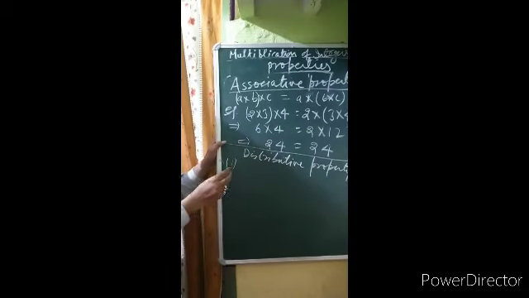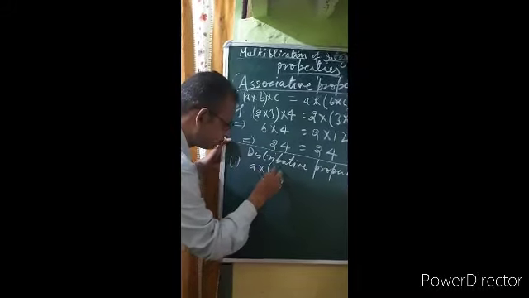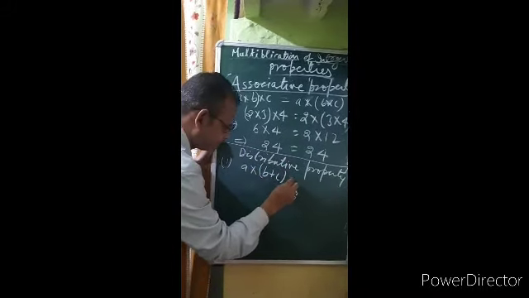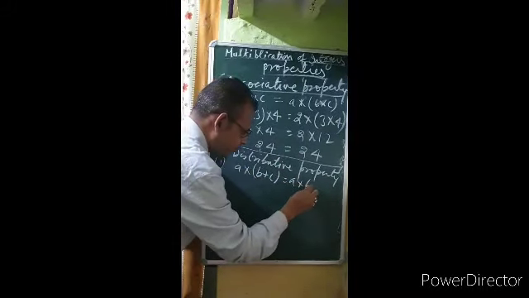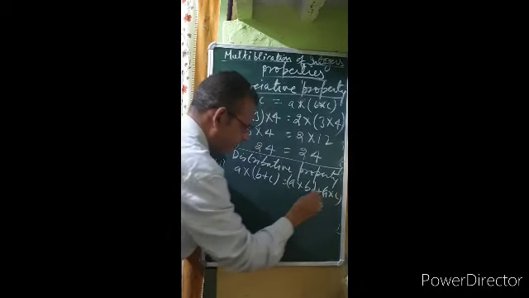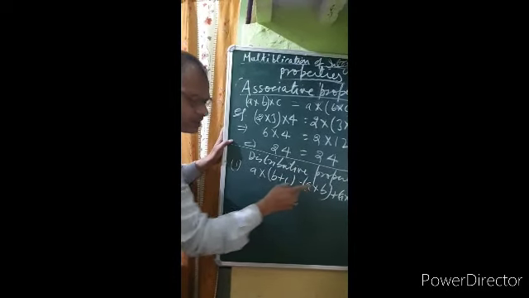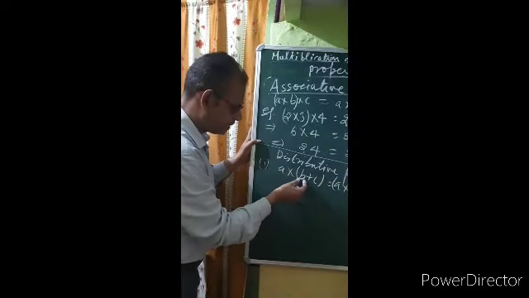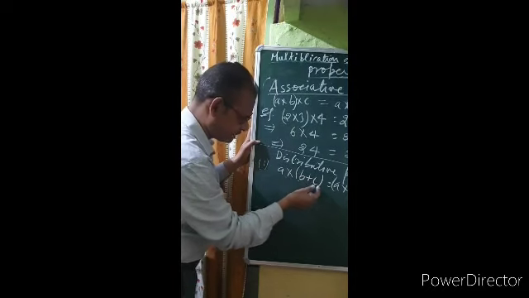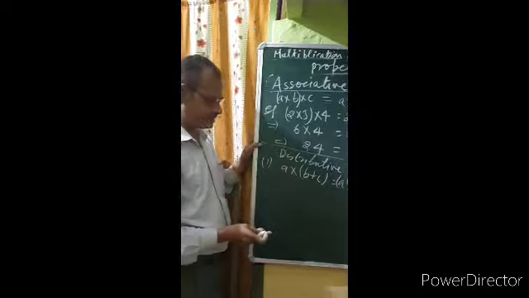Now first we will take multiplication over addition. So A into (B plus C) will be equal to A into B plus A into C. See, in this case, multiplication is distributed over addition.